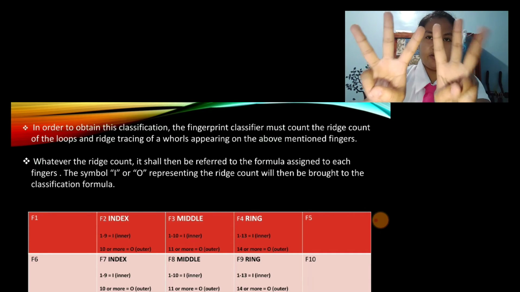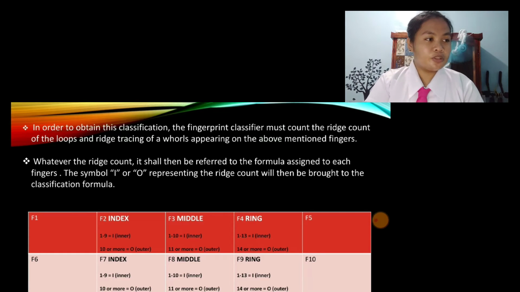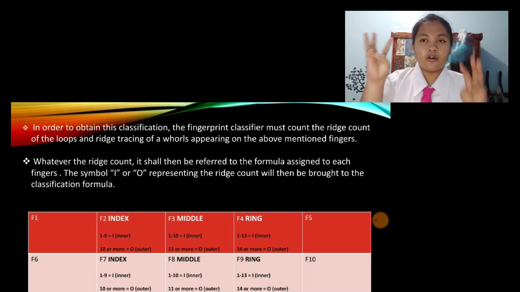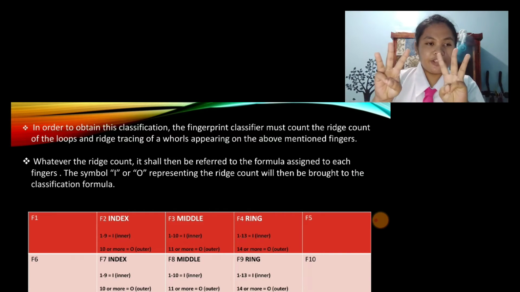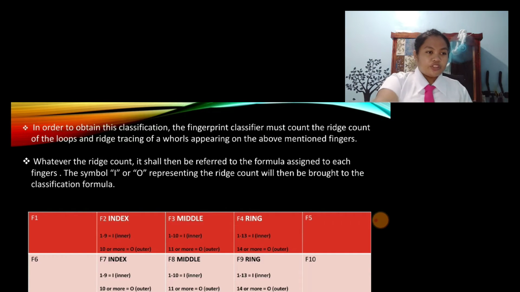Whatever the ridge count, it shall then be referred to the formula assigned to each finger, and the symbol capital I or capital O representing the ridge count will then be brought to the classification formula. I represents inner, and O represents outer.